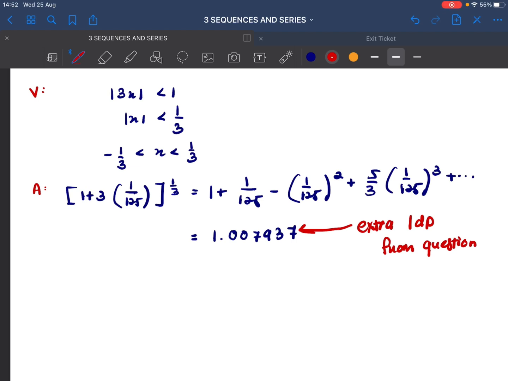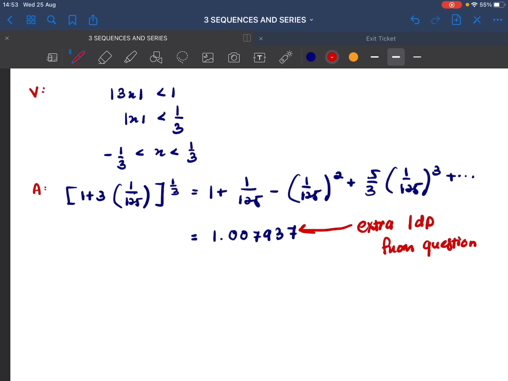That is very, very important. If it is fewer, your answer will be off. For the right hand side, just press your calculator and you will get the answer. Make sure your decimal places or significant figures are correct, and it has to be extra 1.